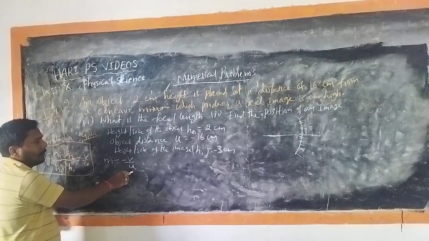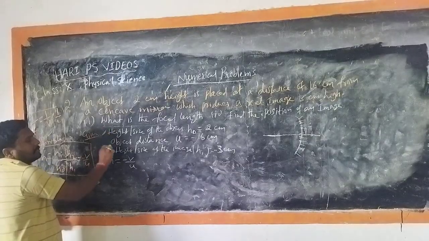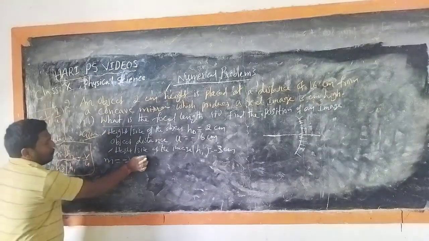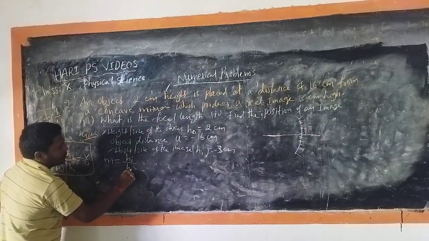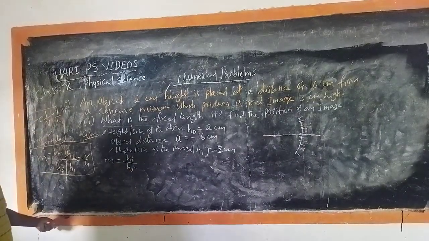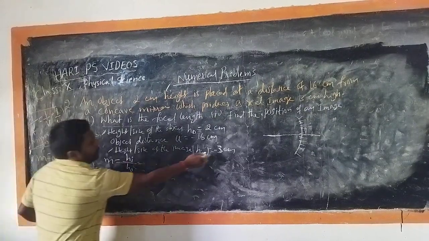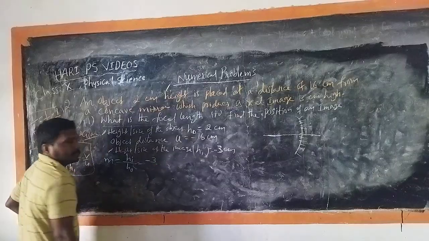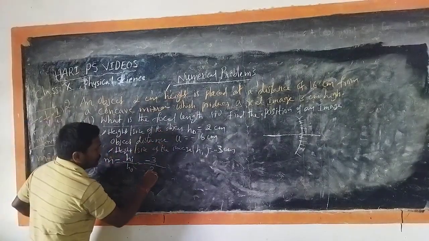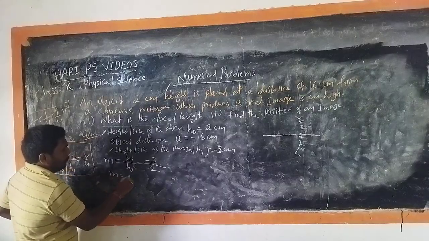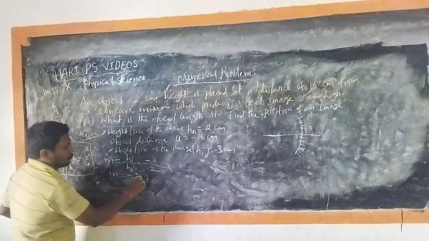Then what formula do we have to use? According to the given values, the size of the object and the size of the image are given, so we use m equals hi by ho. Substituting the image height minus 3 centimeters and the object size 2, magnification m is equal to minus 3 by 2. One more relationship: m equals hi by ho, which equals minus v by u. So minus v by u equals minus 3 by 2.